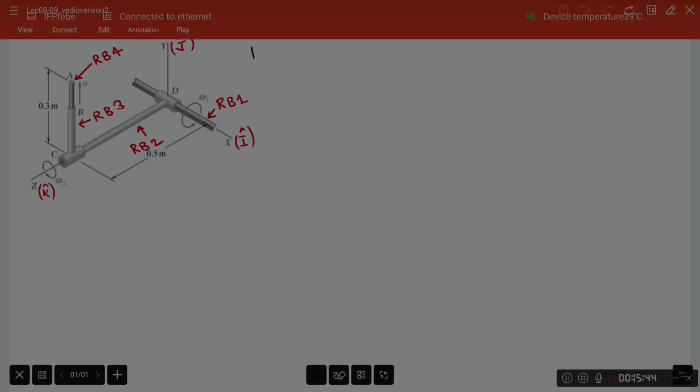So to find VA1, I am going to use IF, which is the short form of intermediate frame, as RB3.